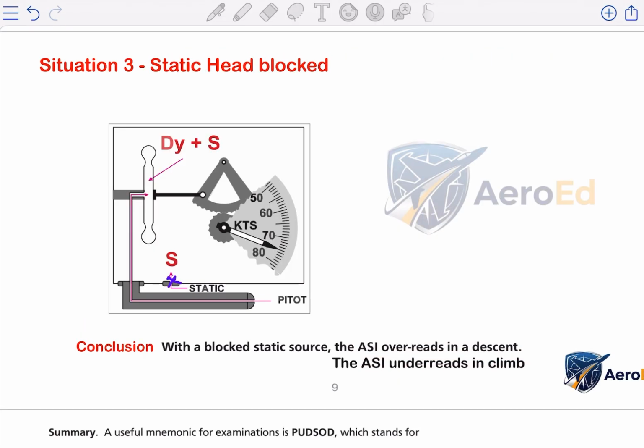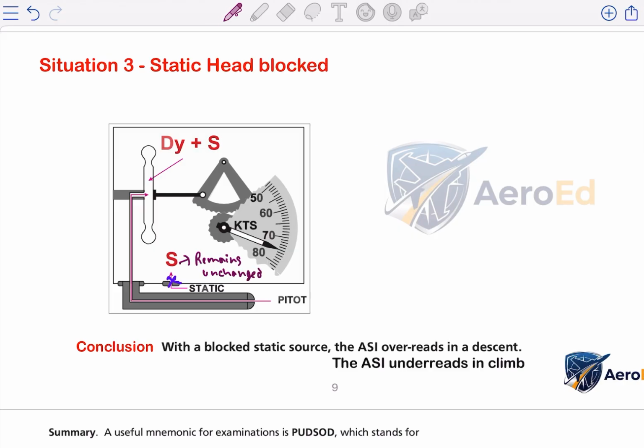So next we will understand situation 3, which is when the static head is blocked. When the static head is blocked and there is a change in altitude, the static pressure inside the capsule changes, but the static pressure inside the instrument case remains unchanged, and now it is reversed. And when there is a descent, what happens?